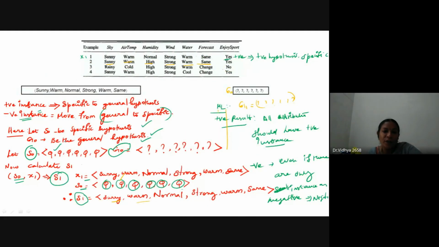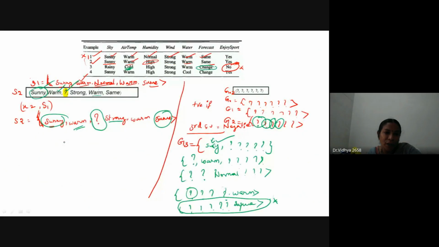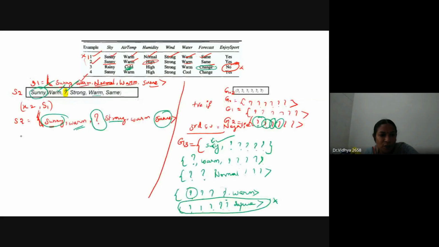Okay, so now we have arrived at S3 as well as G3. S2 only we have written here. Third one, S3: we are not calculating any specific hypothesis here because it is a negative instance, right? So S3 will be the same as that of S2.